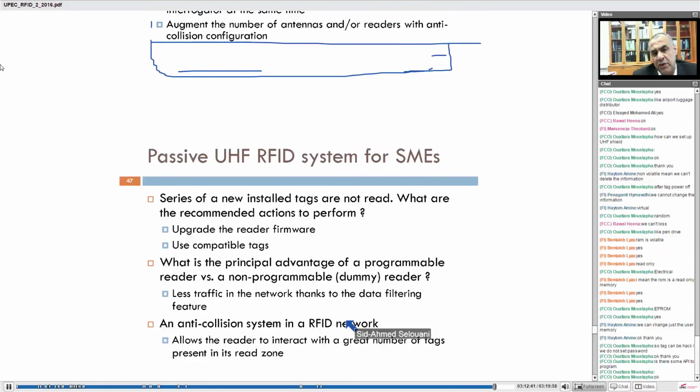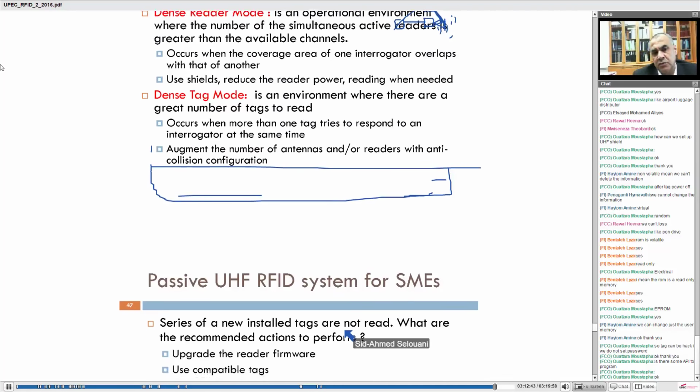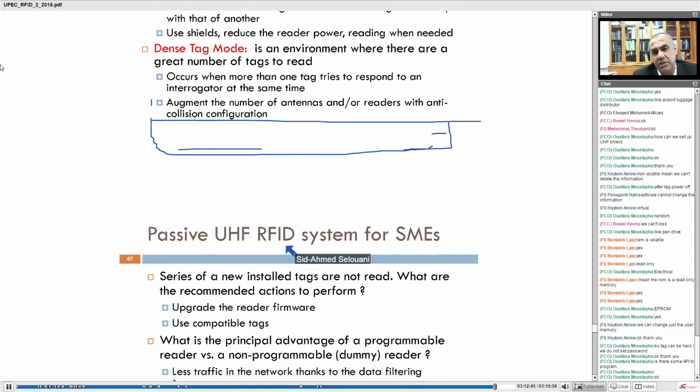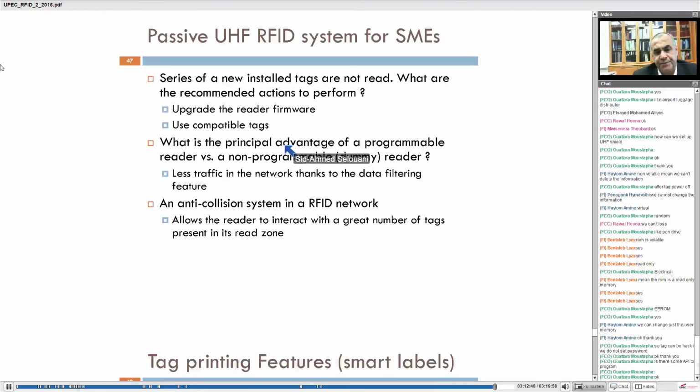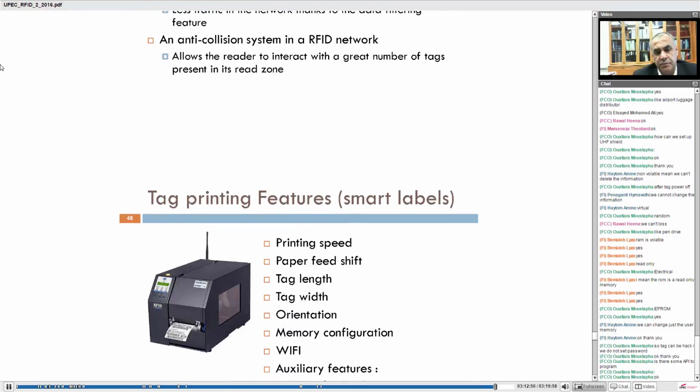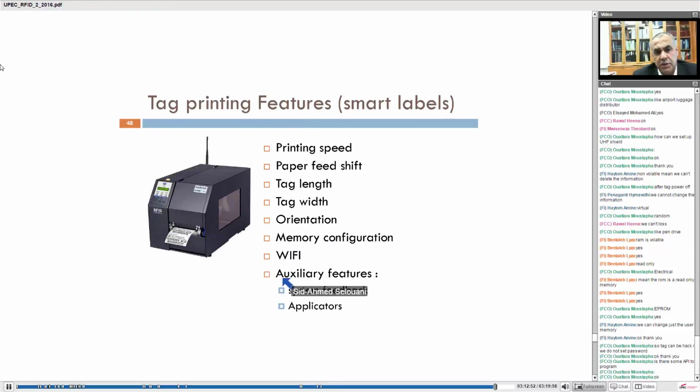This is why it's advantageous to have a programmable reader. But nowadays it's very rare to have just a dummy reader. The anti-collision system in an RFID network is very important now, because it allows the reader to interact with a great number of tags and to avoid the dense reader mode and work in the dense tag mode.